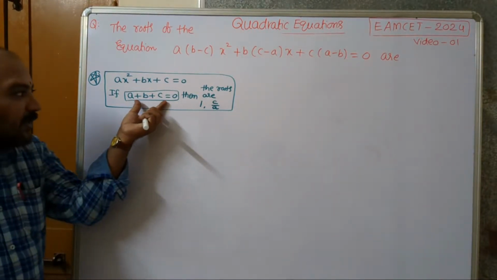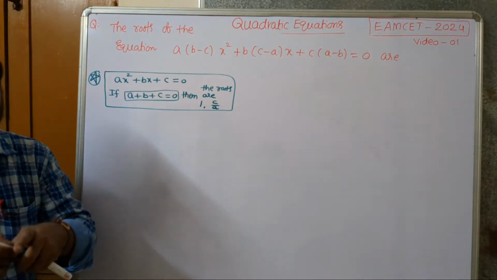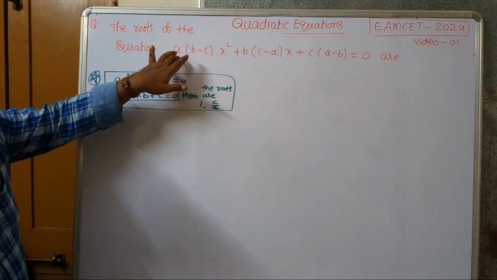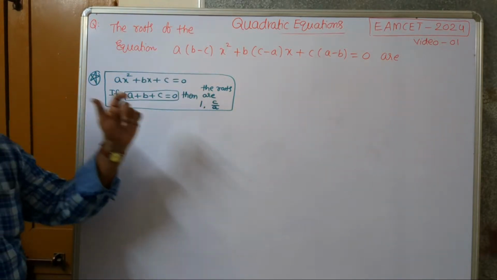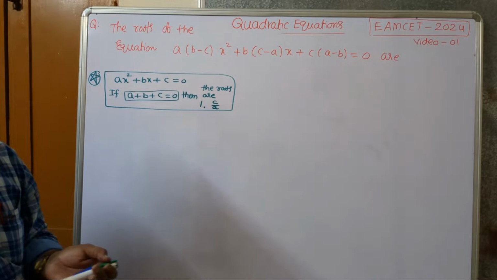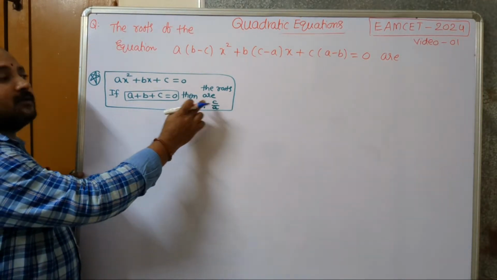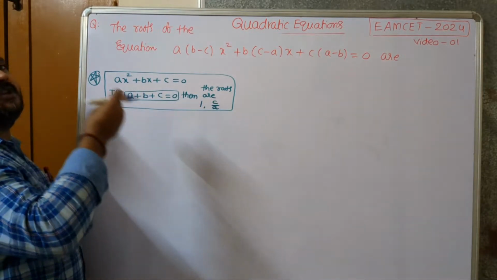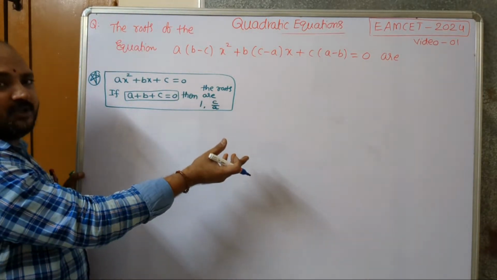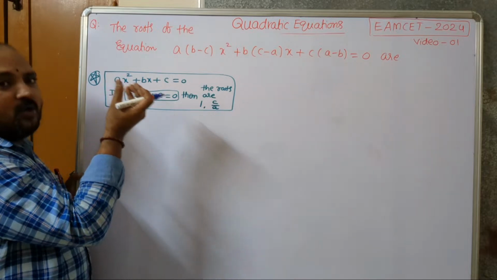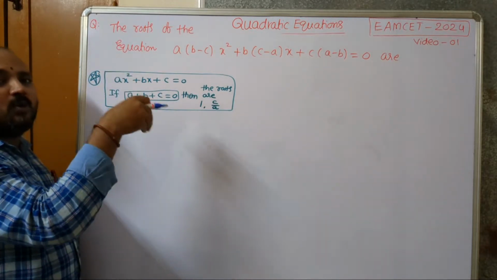Whenever a plus b plus c equal to 0 happens in the given quadratic equation, the roots we can write as 1 and c by a. In place of c, whatever the value is in the given equation, and in place of a, whatever the value is in the given equation, you should write it.